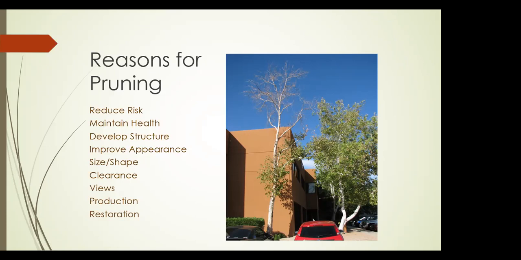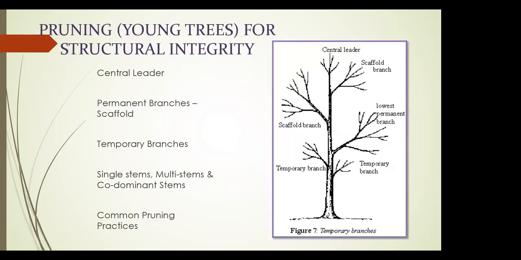We do prune for production, and I'm not going to talk about fruit trees tonight. Obviously, that's a huge subject, but we prune for production of flowers or fruits as well. And then restoration is something that's just coming into vogue here in the United States. It wasn't so much until recently because when trees here have trouble, we just get rid of them. But now we're doing restoration pruning.